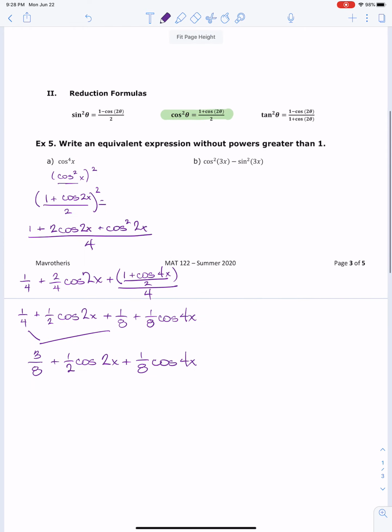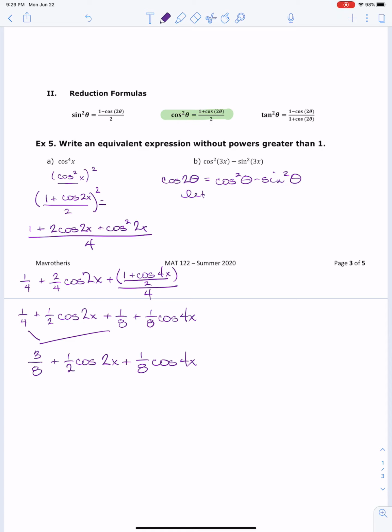Up to B. Cosine squared 3x minus sine squared 3x. So I could use the reduction formulas. The one thing that I do notice here, though, if I go back to my double angle formulas, cosine 2 theta is cosine squared theta minus sine squared theta.